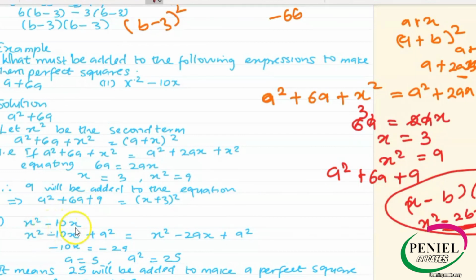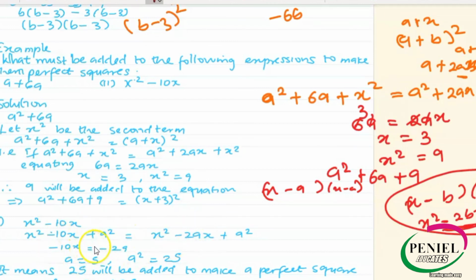So now what do we do? x squared minus 10x. What we want to add here is a squared. So we're going to have x minus a, times x minus a. If you do that, it's going to give you x squared minus 2ax plus a squared. So what we then need to do is to equate it together. This minus 10x is equal to minus 2ax.